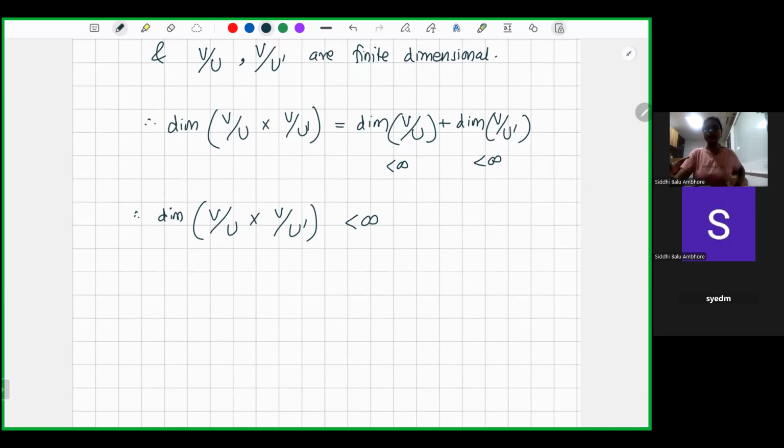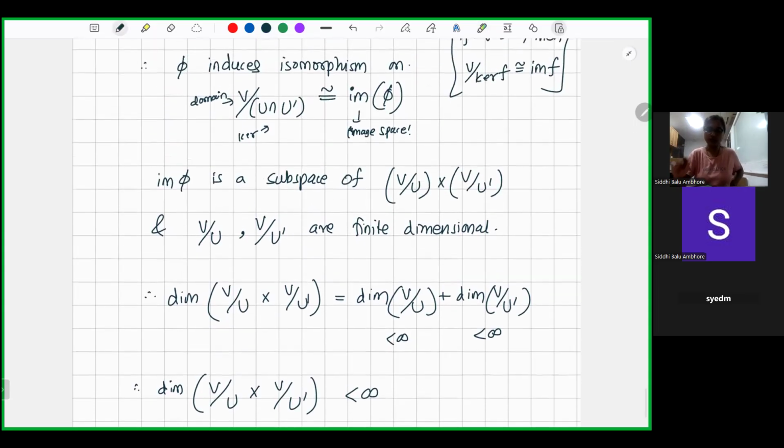And each of these U and U dash are finite codimensional. Therefore, the dimension of V quotient U and V quotient U dash is finite, and therefore the dimension of this space V quotient U cross V quotient U dash is finite.